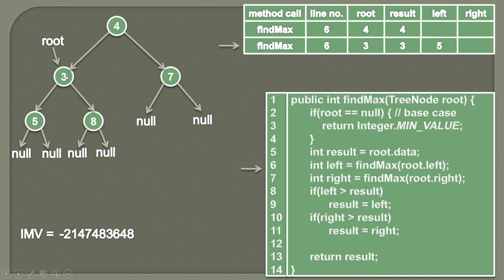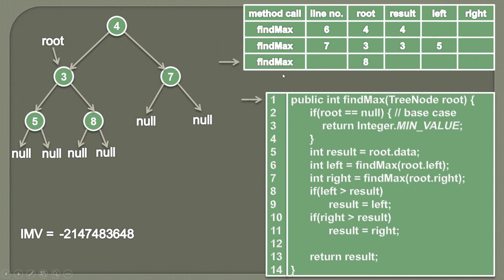Moving ahead. So friends, for root 3, we have already calculated the maximum value of its left subtree, which is 5 here. Now we need to simply calculate it for right subtree. So we'll again call findMax method, and this time we'll pass root's right, which is 8. We will be leaving this method at line number 7 here, and there will be one more method on the call stack with now new root as 8.